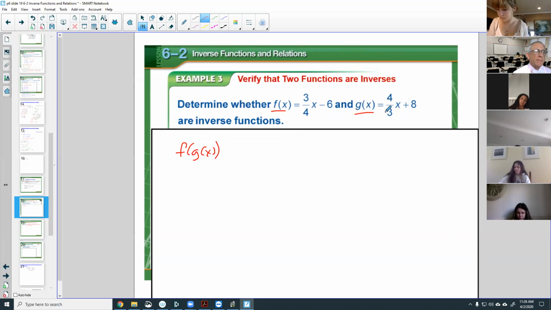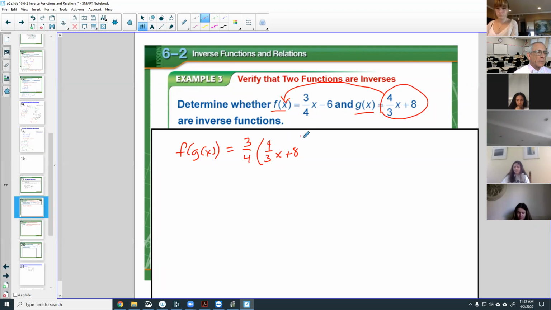I'm going to take g of x, which is 4/3 x plus 8, and put that as my argument into f of x. So f of g of x would look like 3/4 times 4/3 x plus 8, and then minus 6. Can you see that for the x in f of x, I substituted g of x? That is the argument of my f of x.